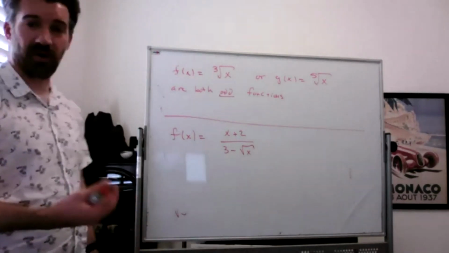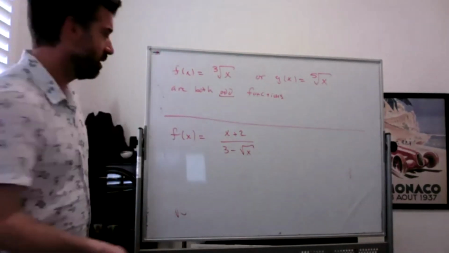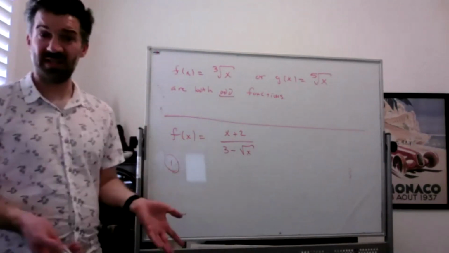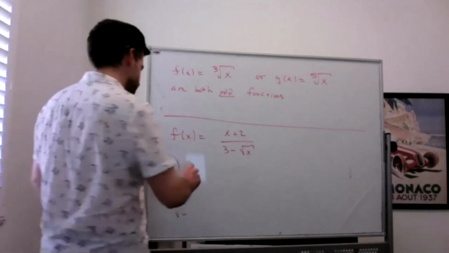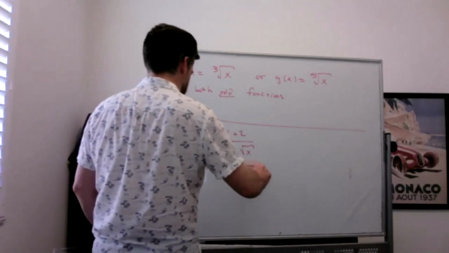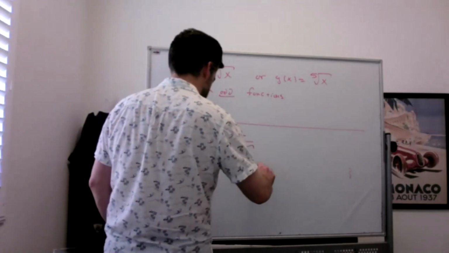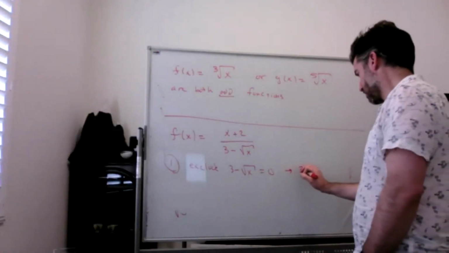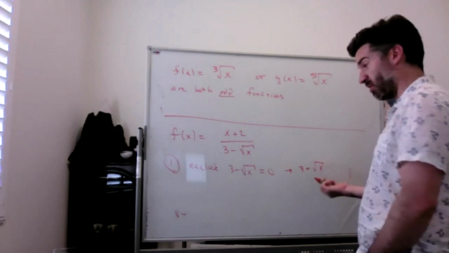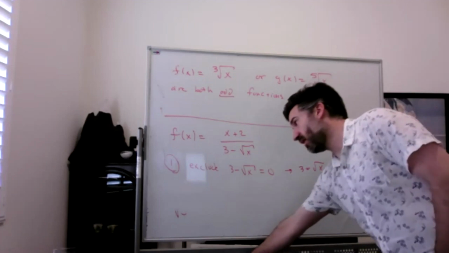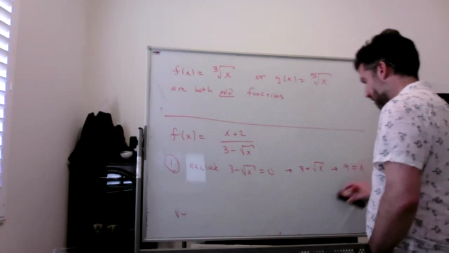And so I have to think about all the possible things that are problems. So thing one, I don't want the denominator equal 0. So I want to exclude 3 minus the square root of x equal to 0. I can definitely solve that equation. 3 equal to the square root of x, square both sides, you get 9 equal to x. So we definitely don't want 9, right? 9's a problem.